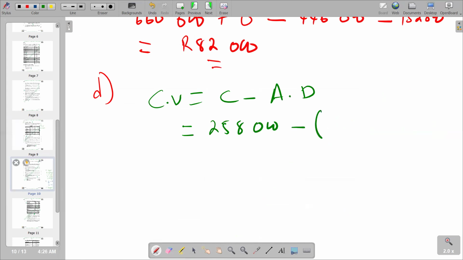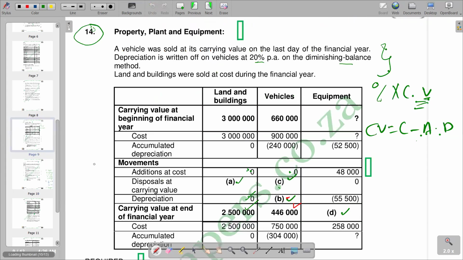But accumulated depreciation, we're going to calculate by saying the depreciation that we had in the beginning plus depreciation for the year, because we do not have any disposals. See, there are no disposals. So if you add the depreciation at the beginning plus the depreciation for the year, you're going to get the accumulated depreciation at the end of the period.